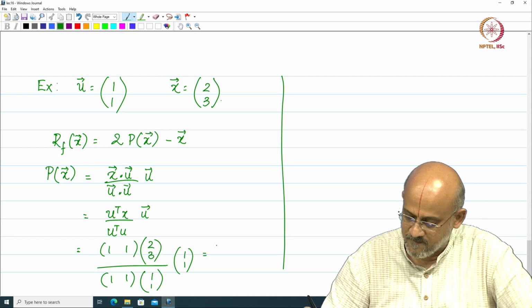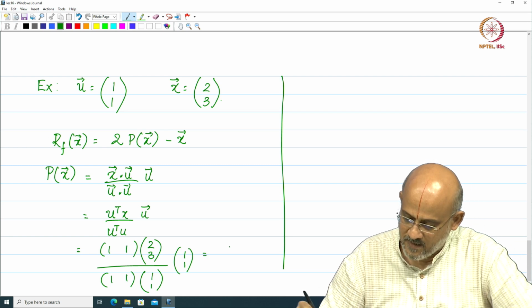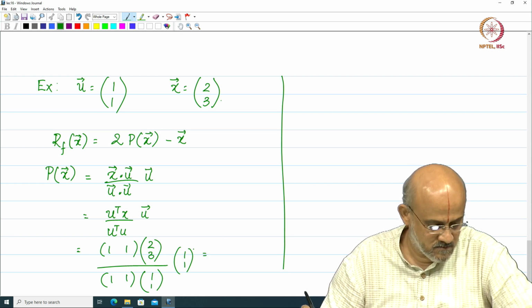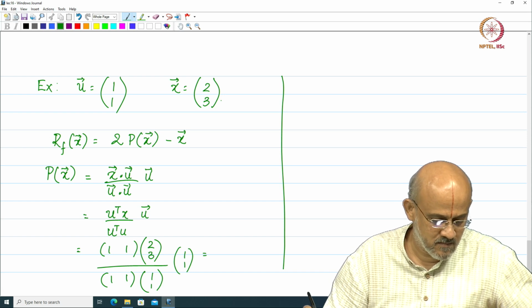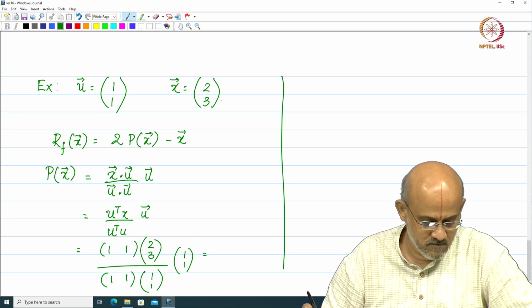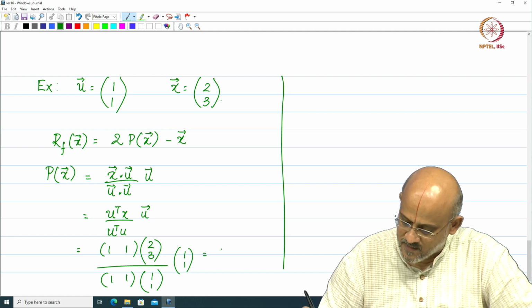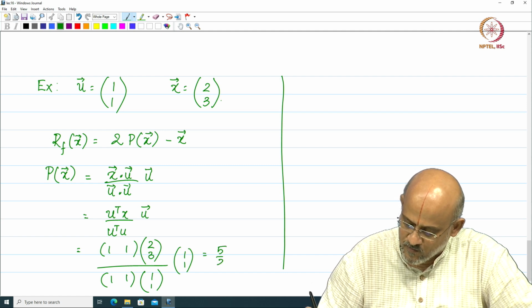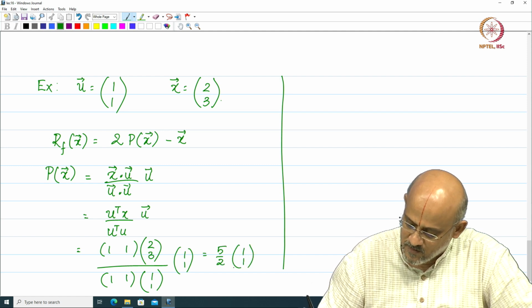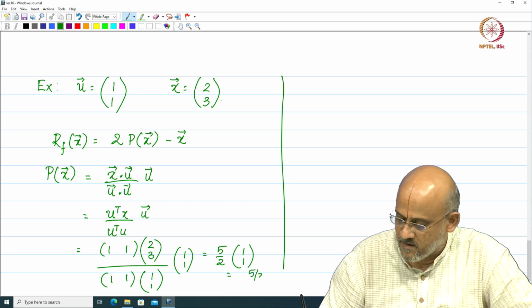That is 2 plus 3, which is 5, divided by 2, in the direction of (1, 1). So, that is going to be (5/2, 5/2).